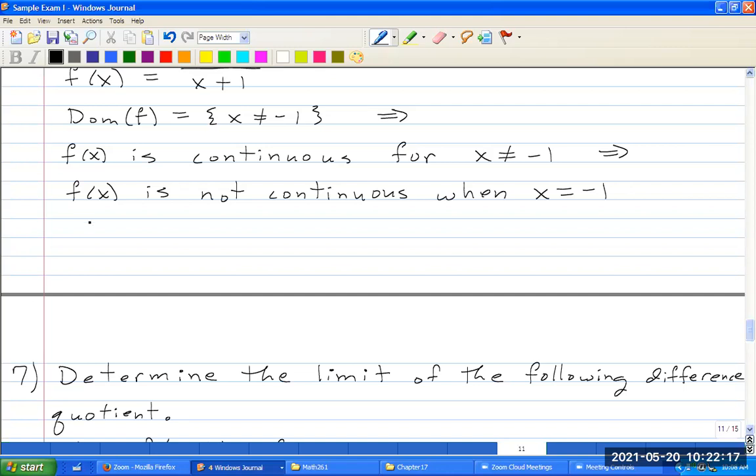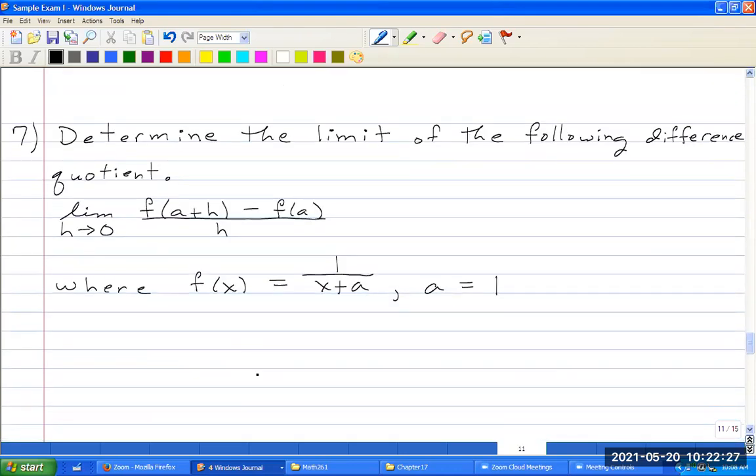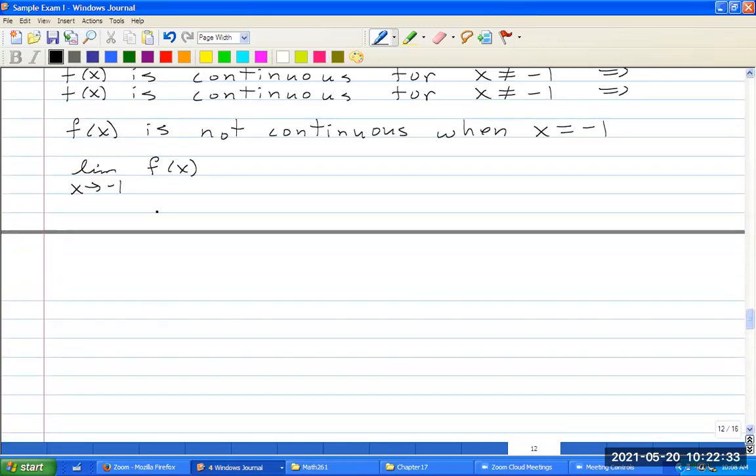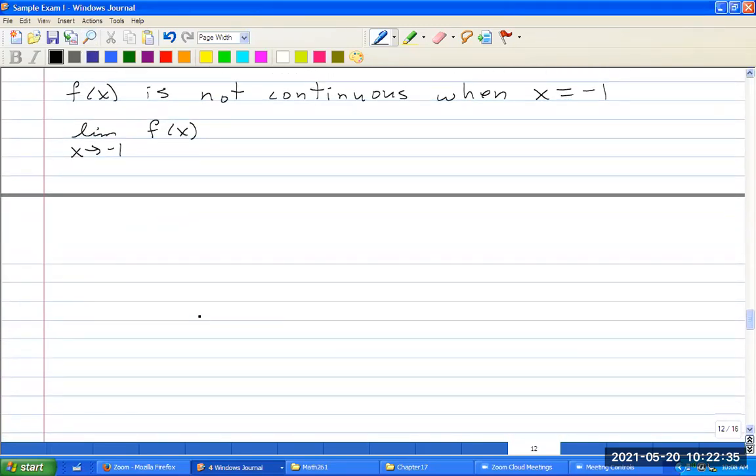And the limit as x approaches -1 of f of x is equal to the limit as x approaches -1 of x squared minus 1 over x plus 1.